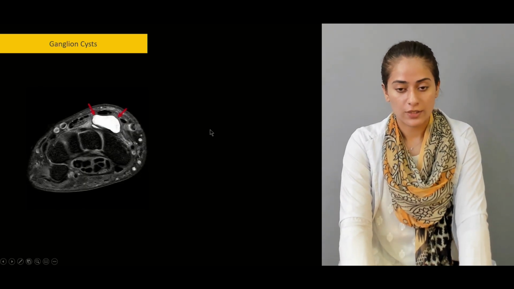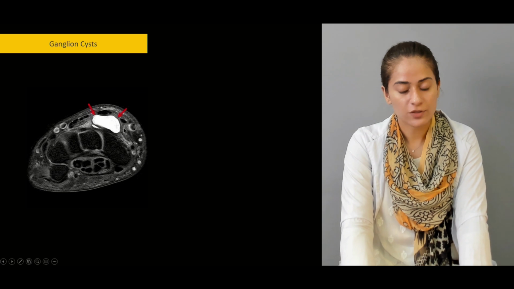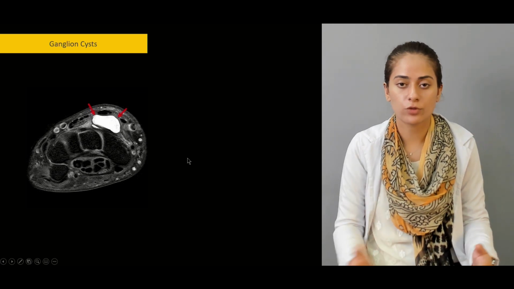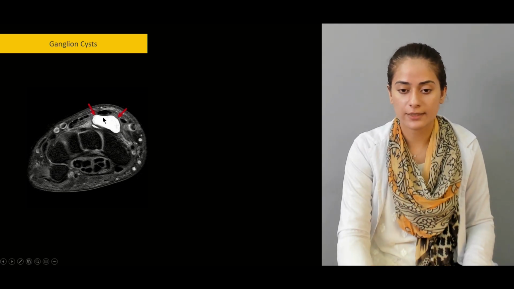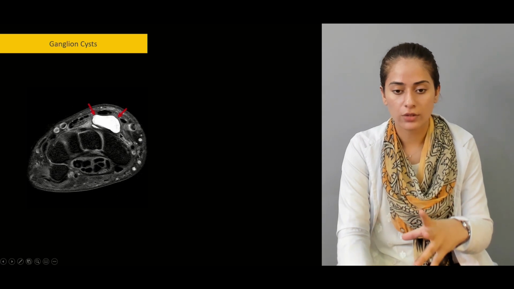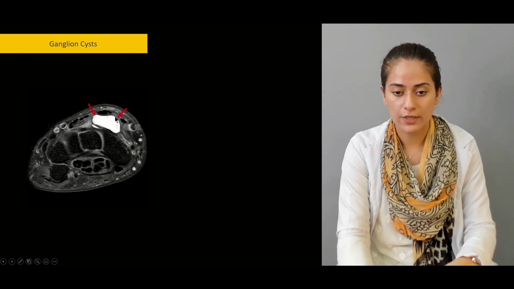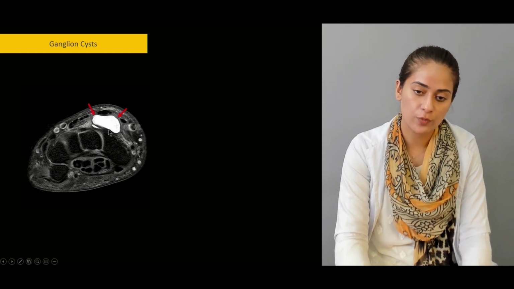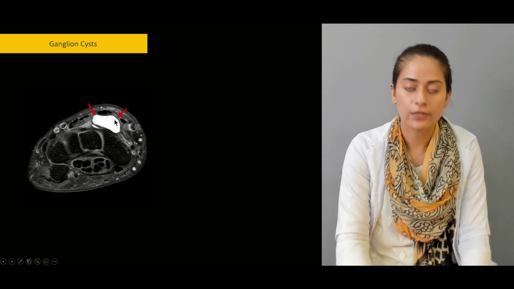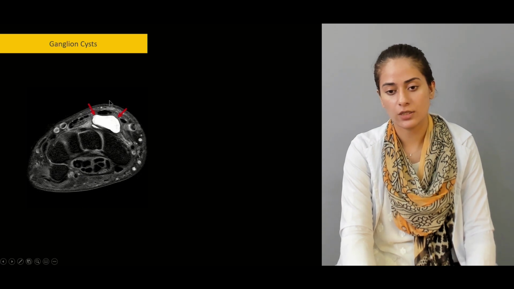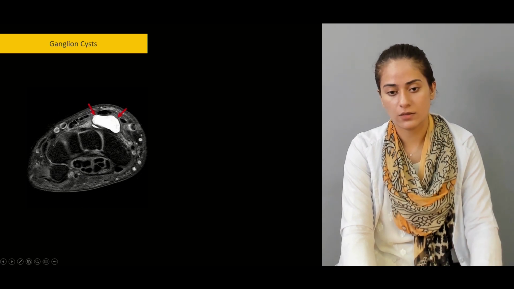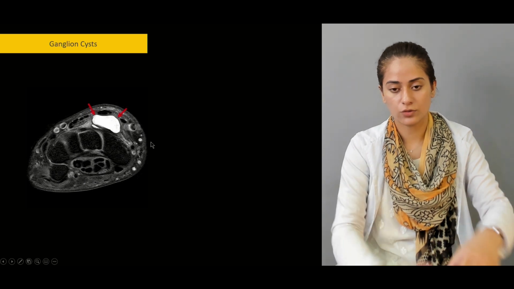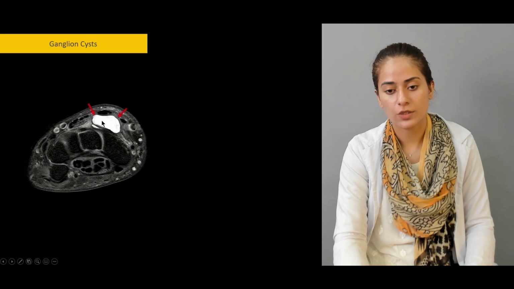Let's see how it appears. This is the substance here, which accumulated because of some rupture, and this is a coronal T1 in which fat has been suppressed. This is the ganglionic cyst, and this area here is swelled because of this.